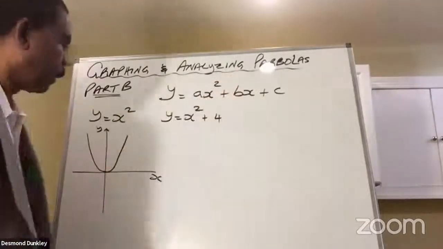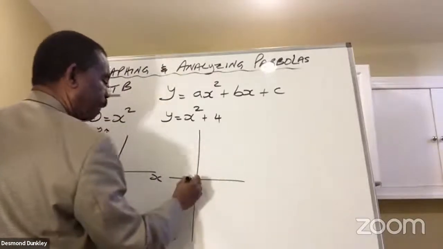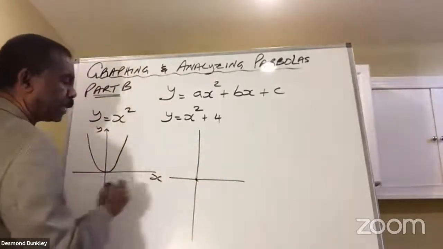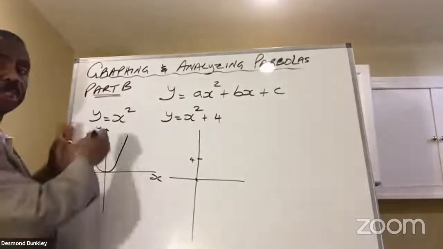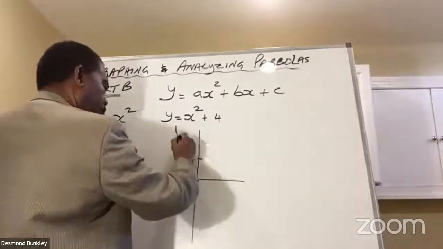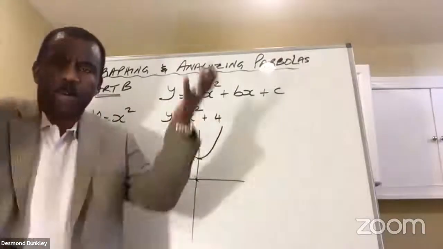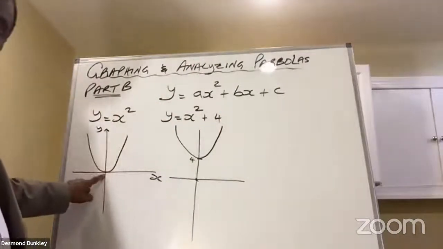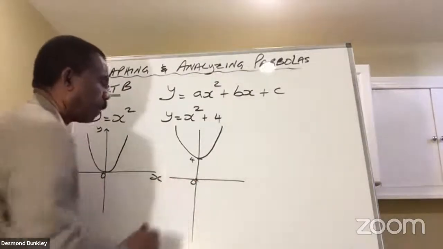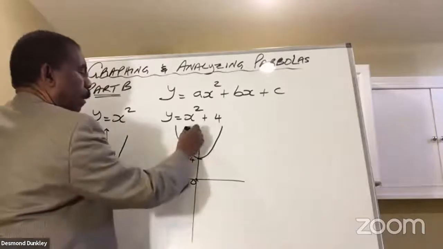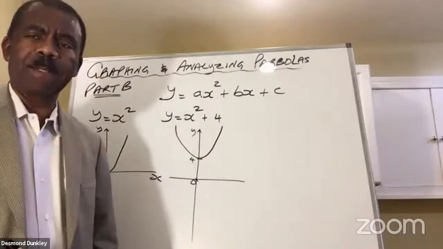So your graph would be shifted vertically. Instead of starting at the origin, which is 0, 0, it would start at 4. And it would be the same shape as this. So it would look like that, opening upward. But instead of starting here at 0, 0, at the origin, it starts on the y-axis where y is equal to 4. That's because of this positive 4.